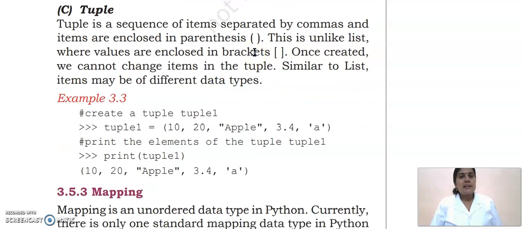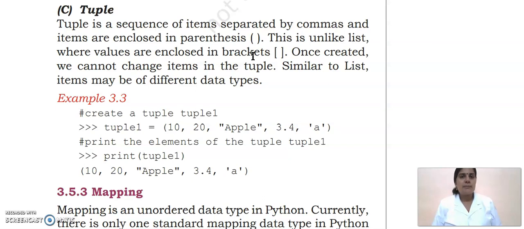The difference between list and tuple is that once we create a list, we can change the contents of the list. But when we create a tuple, we cannot change its contents. That is the main difference.